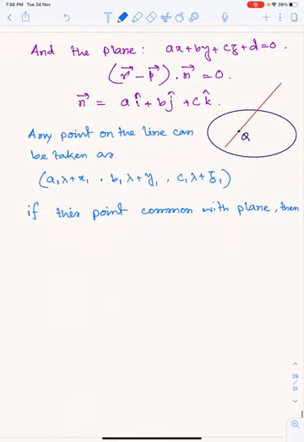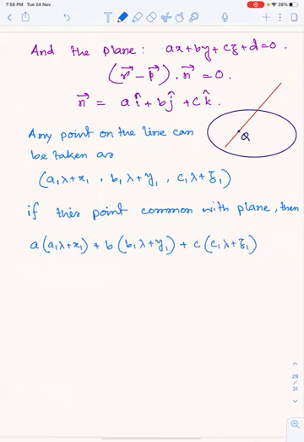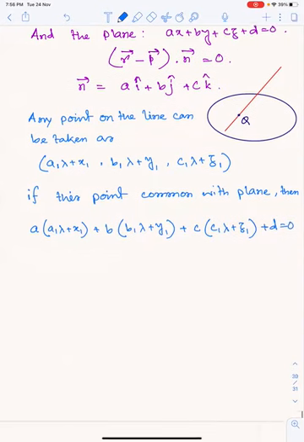So we will have a into (a1 lambda plus x1) plus b into (b1 lambda plus y1) plus c into (c1 lambda plus z1) plus d equals 0.